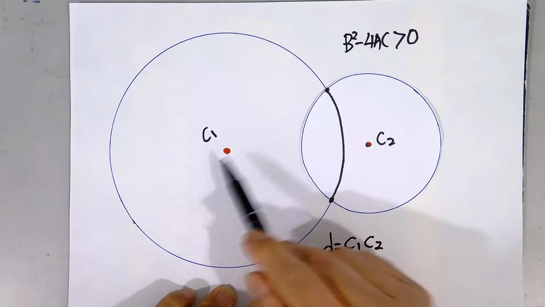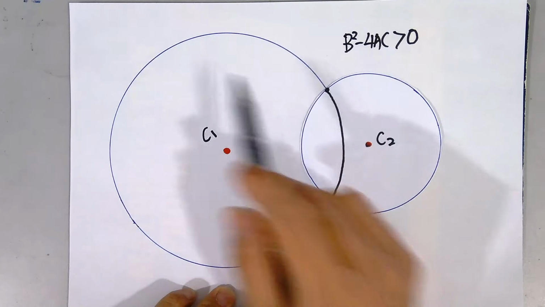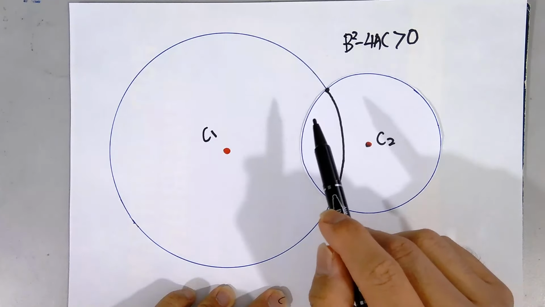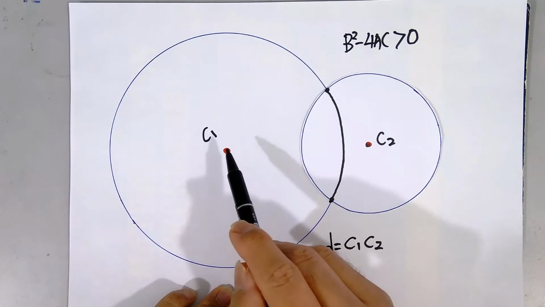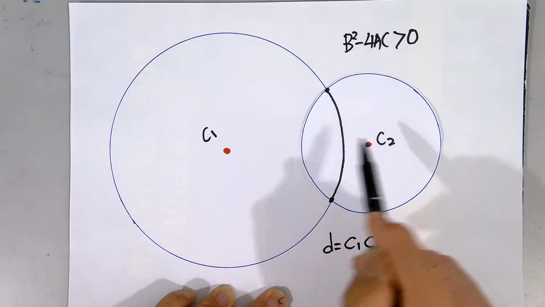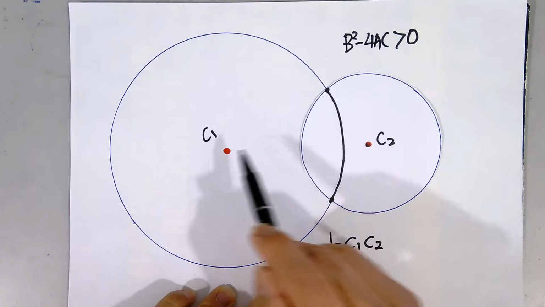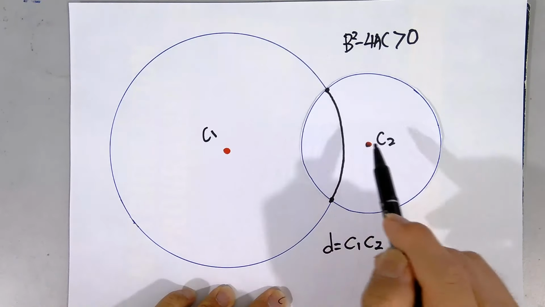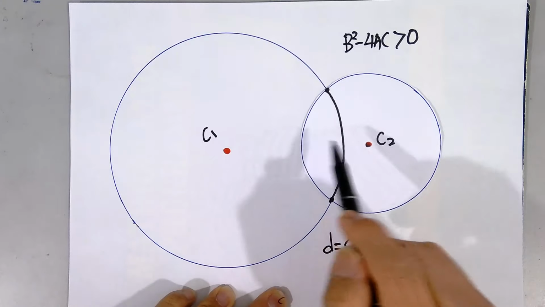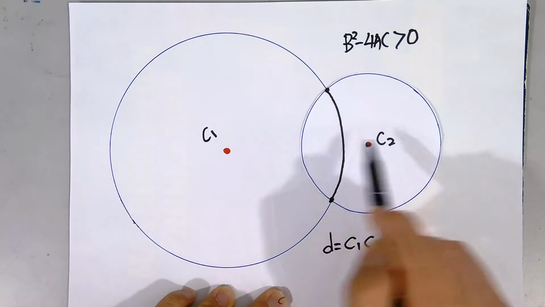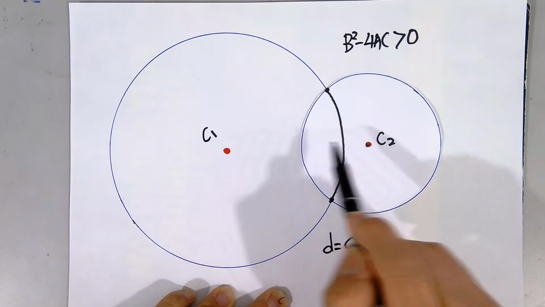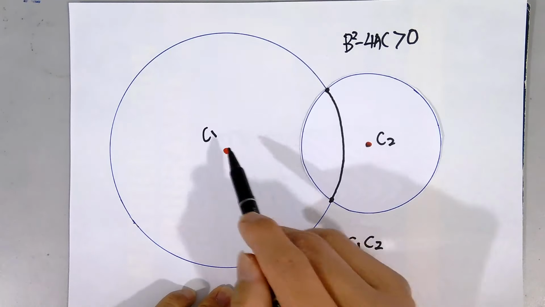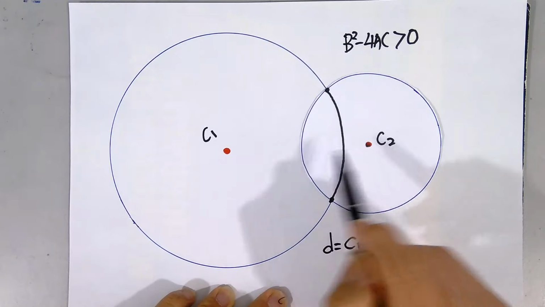If you watched my video for the previous part, I want to say sorry and tell you that it's the distance between the centers of the two circles. Sometimes when I explain, I get blurry. Hope you can understand. So this is C1 and C2, the distance between the two centers.